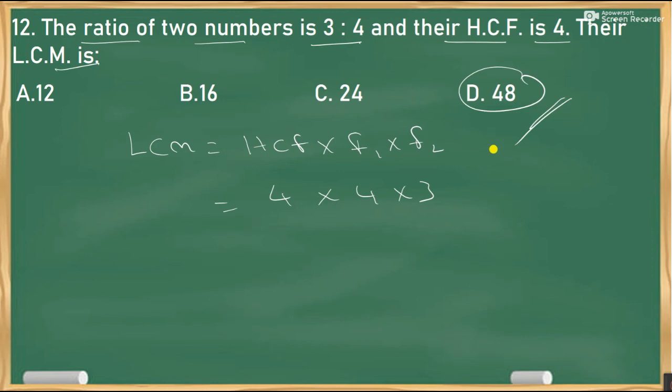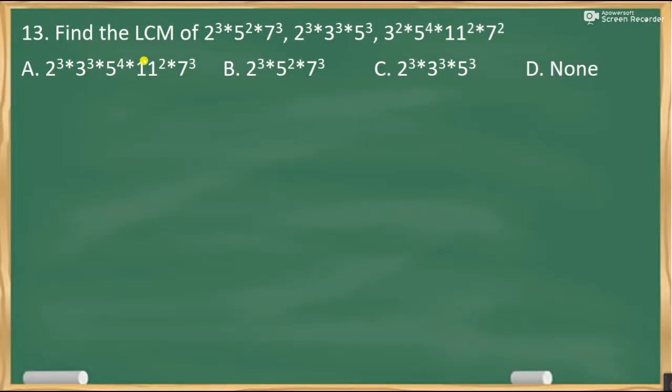Okay, fine. So let me go for the next question. Find the LCM of three numbers which are in factorized form. We have already discussed during the beginning of this video how to find the LCM when a factorized form is given.